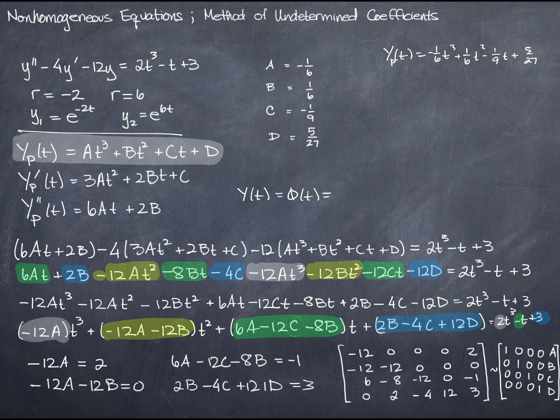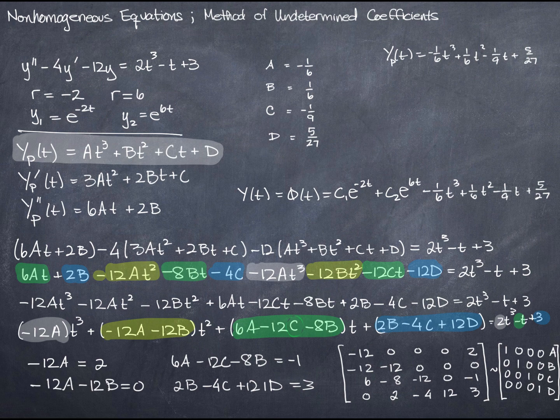What's on the right-hand side is the linear combination of the fundamental set of solutions from the characteristic equation work that we did, C1 y1, C2 y2, plus negative 1/6 t cubed plus 1/6 t squared minus 1/9 t plus 5/27.